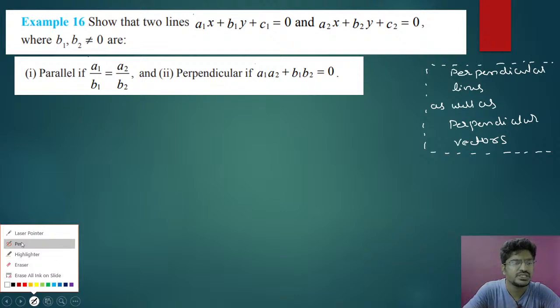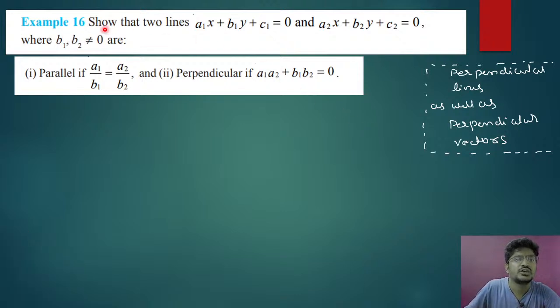What is example 16? Show that two lines a1x plus b1y plus c1 equal to 0 and a2x plus b2y plus c2 equal to 0, where b1, b2 is not equal to 0, are parallel if A1 by B1 is equal to A2 by B2, and perpendicular if A1 into A2 plus B1 into B2 is equal to 0.